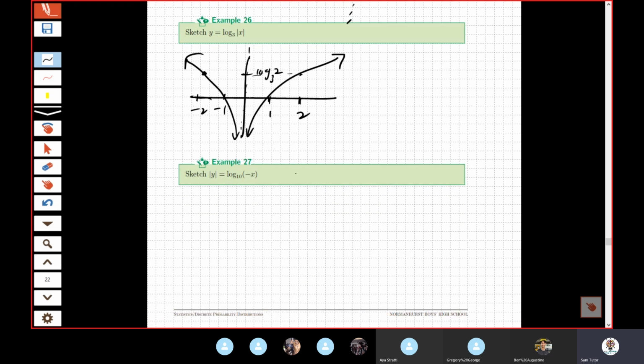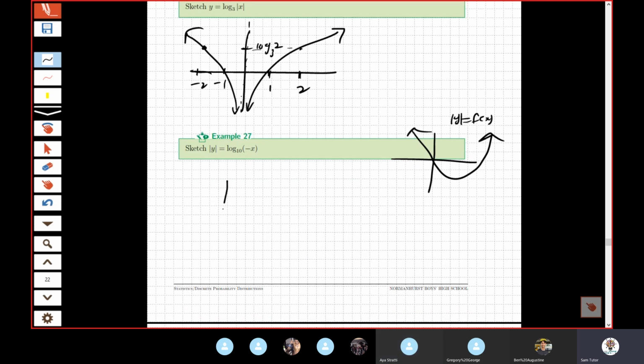Am I going too fast? Absolute value of y, again, think of your basic one. If I had the absolute value of y, is it all positive y values? Yeah, reflect down. Perfect. You are correct.